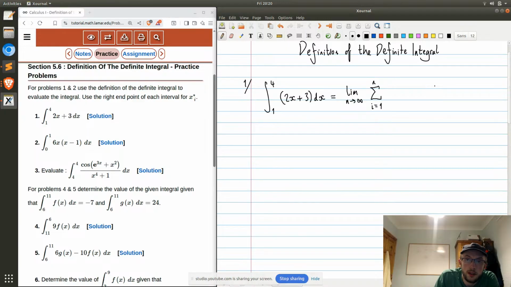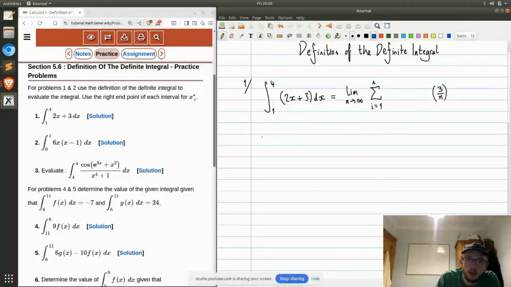We know that the difference between the upper and lower limit of the definite integral, 3, will be divided by n.